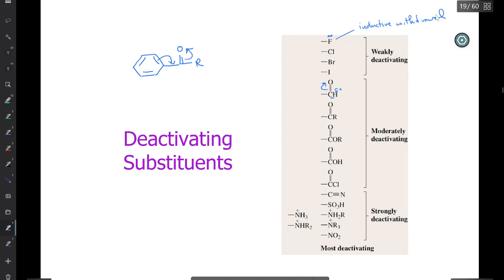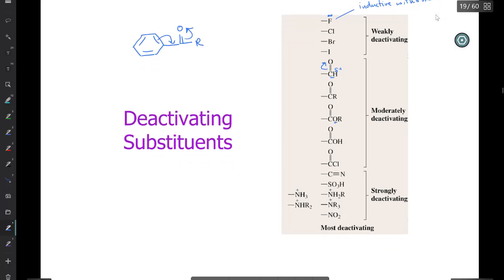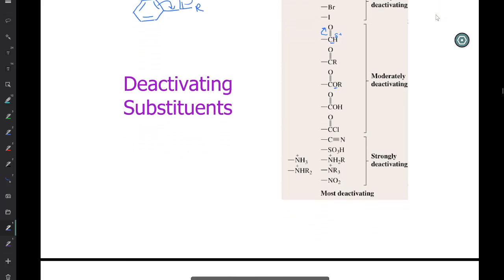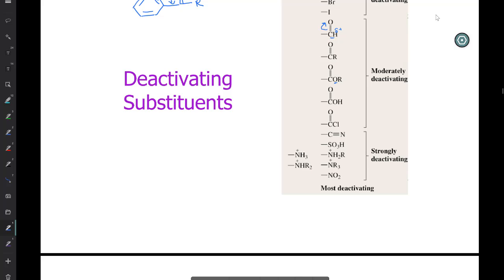And so it can withdraw by resonance. So we have moderately deactivating groups. If we add more oxygens or more electronegative groups to the carbon adjacent to the ring, it increases its electron withdrawing capability.